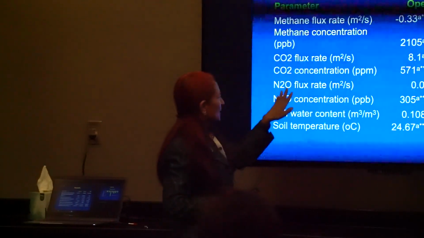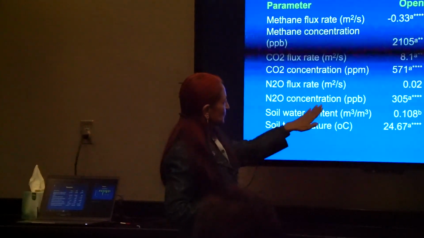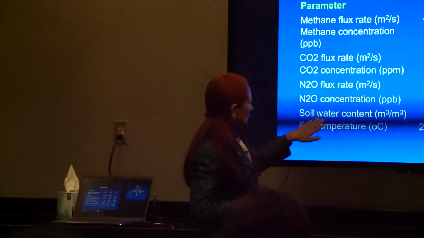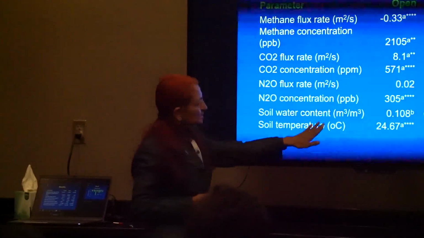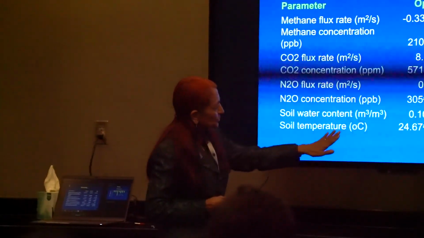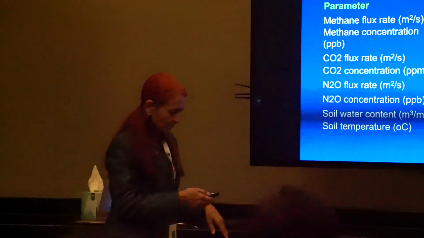We didn't find a difference in nitrous oxide flux rate between the systems, but nitrous oxide concentration is higher in open pasture, soil water content is higher in silvopasture, and soil temperature is higher in open pasture. Those are the overall results found.